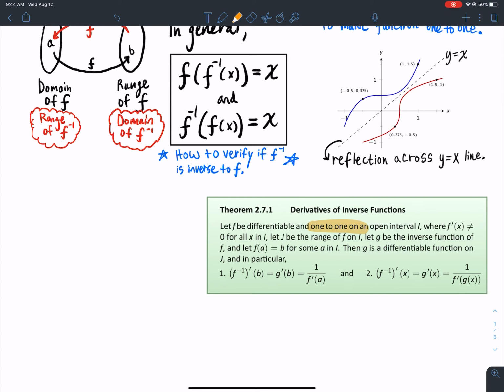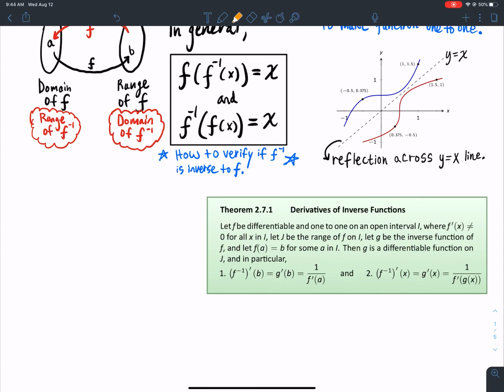Now, what do we know? If I can take the derivative, then the derivative of f inverse at b is 1 over f prime of a. And the derivative of f inverse is 1 over f prime of g of x, where you have f of g of x, right?